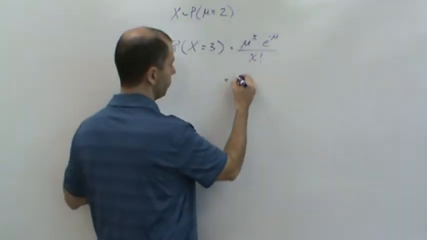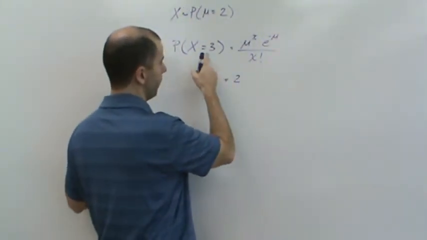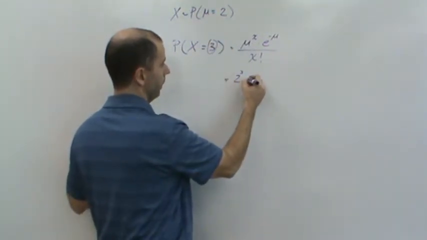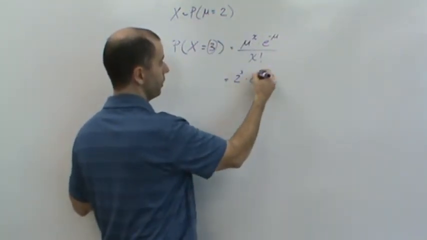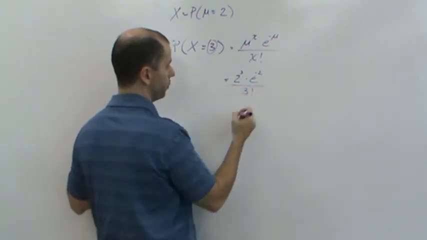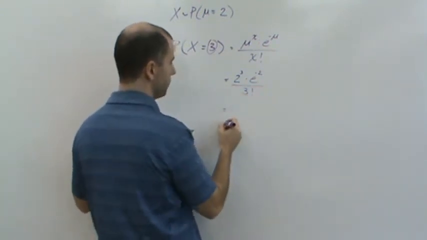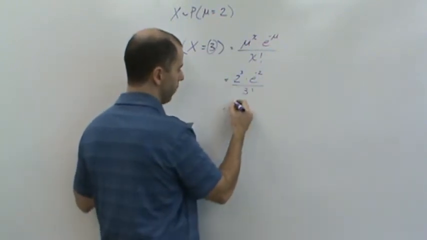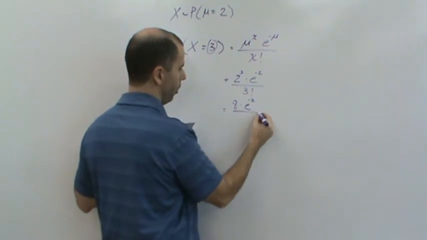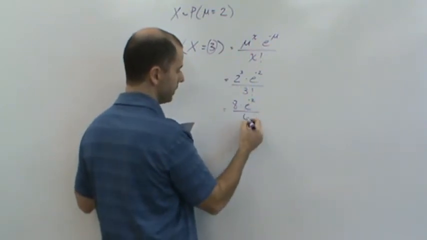Mu is 2, so it's going to be 2 raised to the power of x. Well, what's x? 3 times e to the negative 2 over 3 factorial. So all we have to do now is simplify. 2 to the third power is 8 times e to the negative 2 over 3 factorial, which is 6.